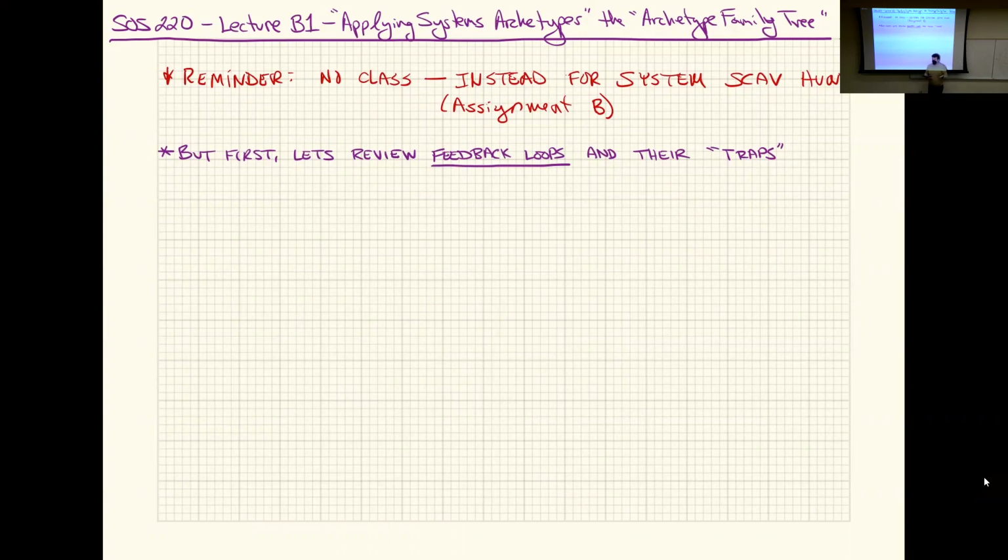And that would be a great way to go. But there are a couple of simple archetypes, like fixes that fail, as we'll talk about, where you've got a short-term fix, but then in the long term, there's a problem that comes back to haunt you. If you start with that, you can probably think of a bunch of things on campus that are like that.